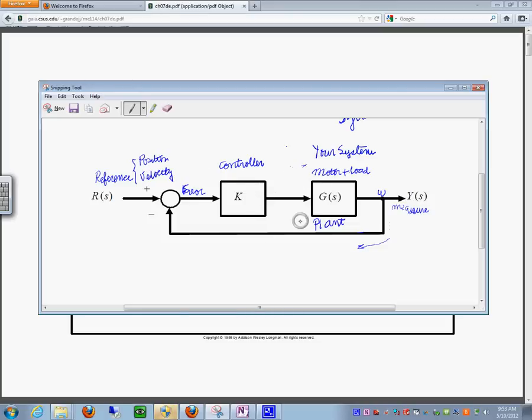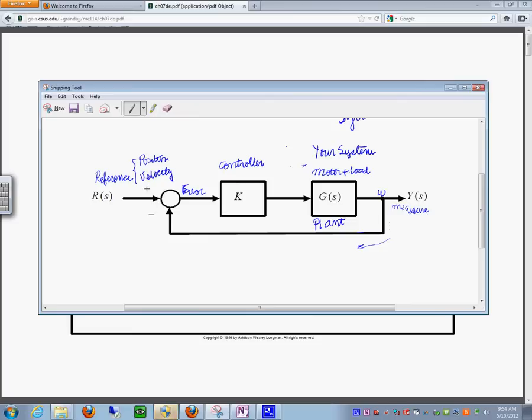So Professor Evans in the 50s came up with this idea that if you know a transfer function and you build this loop around it, by knowing the roots of the characteristic equation of the system, or rather the roots of the denominator of the transfer function, you should be able to predict how you could design this control system.